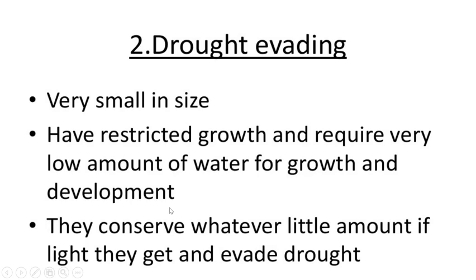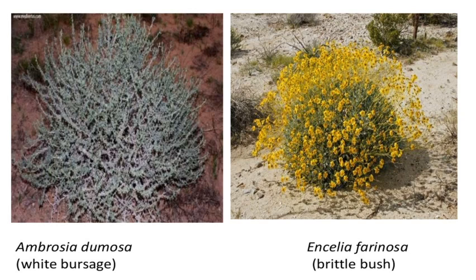The root is well developed and absorbs available water. The root system is shallow, stem swollen, leaves are thick, leathery and succulent, and stored water enables them to resist the effect of drought conditions. It also enables them to continue growth, flowering and fruiting. Examples of these plants are Encelia farinosa, Ambrosia dumosa, aloe vera, euphorbia, opuntia, Nucleobecia, etc.